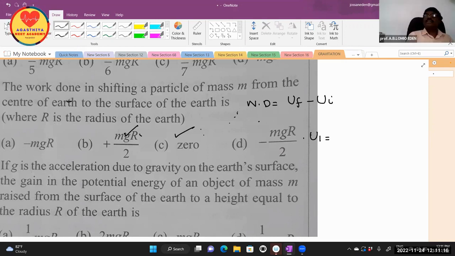In the previous class, I have given the relation between the potential energy at the center of the earth and at the surface. Refer the formula.